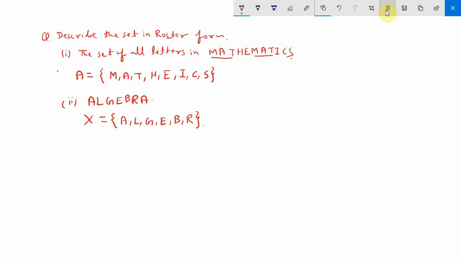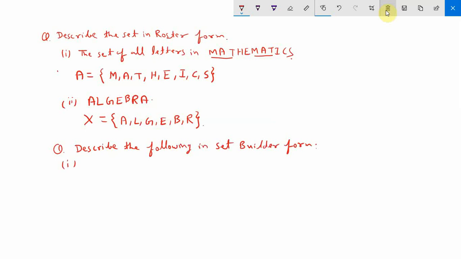Next we will take problems on set builder form. So describe the following sets in set builder form. Okay.